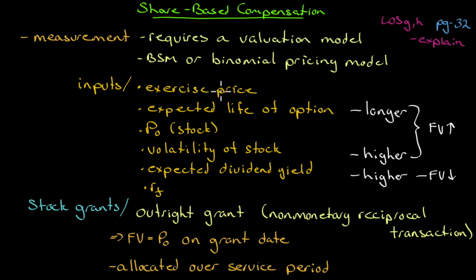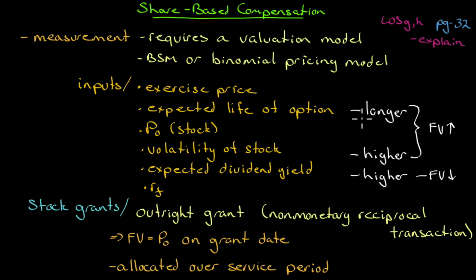And our inputs are exercise price, expected life of the option, the current price of the stock, the volatility of the stock, the expected dividend yield, that's an iffy one, right? And the risk-free rate. Notice this is not the expected dividend, it's the expected dividend yield, which means you have to have some sort of assumption about where the dividend is going and some assumption about what the price is going to do as well to come up with the expected dividend yield.